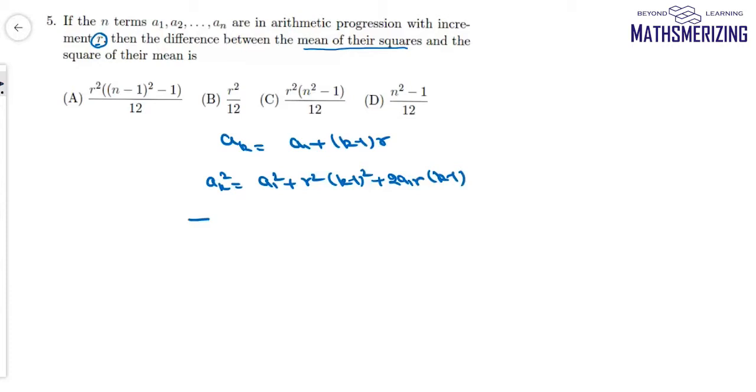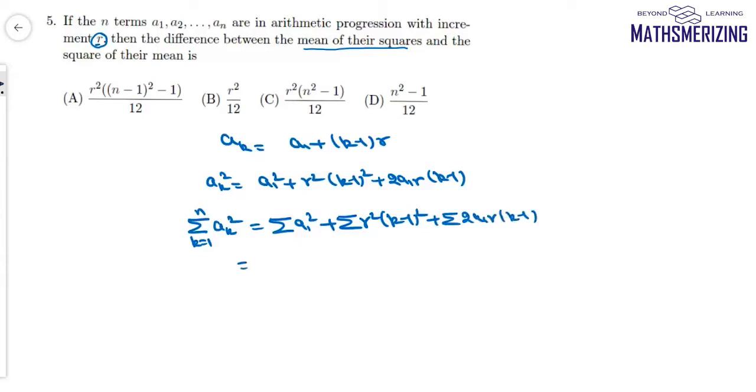So first I'll find the sum of their squares, the sum when K varies from 1 to N. There will be summation A1 square, then summation r square K minus 1 square, plus summation twice A1 r into K minus 1.